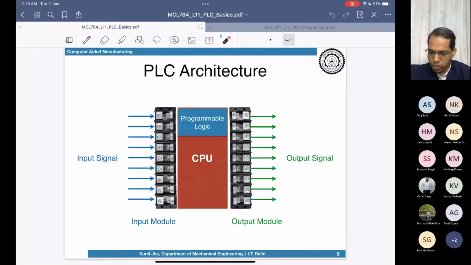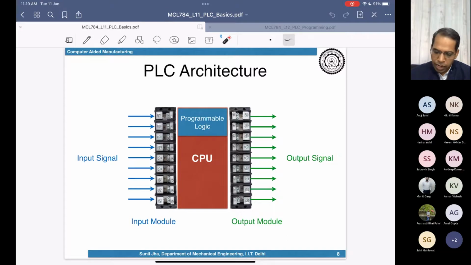On the output module, you interface the devices used for control applications. Whether you want to extend an actuator or switch a motor on and off, all these functionalities are done with the help of an output module. So on one side you have an input signal coming in, and on the other side an output signal going out.